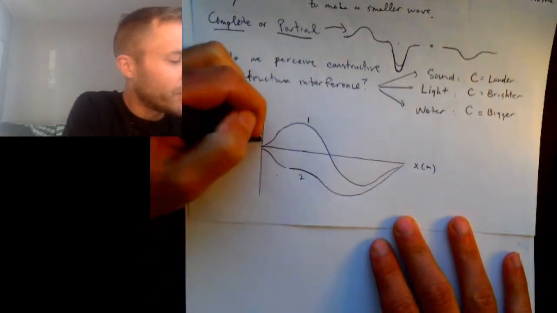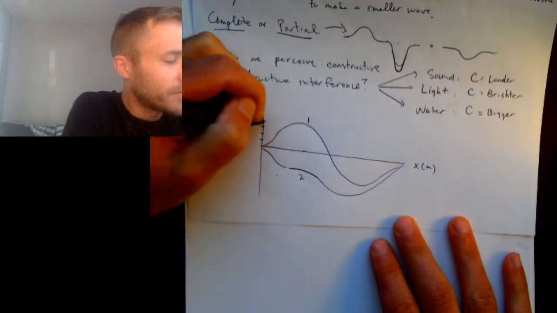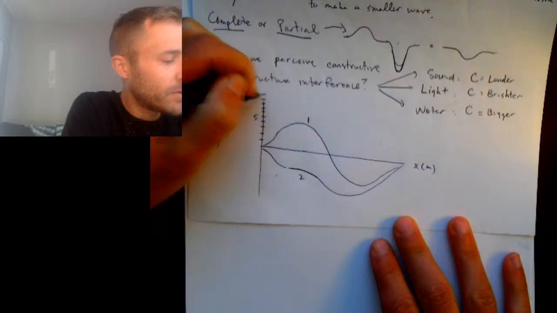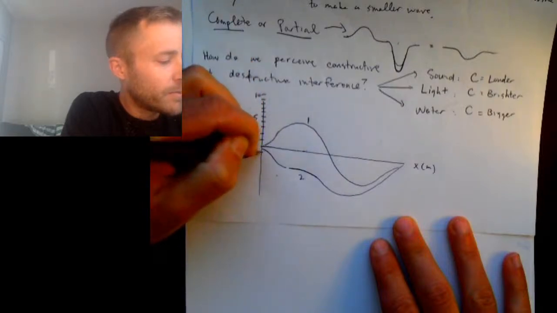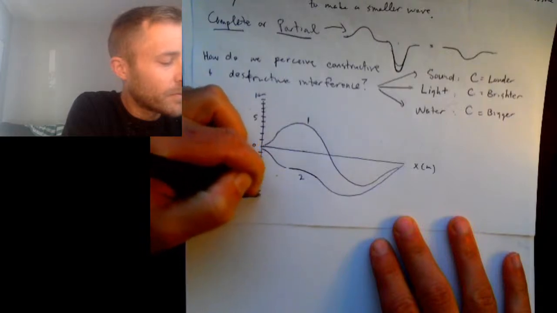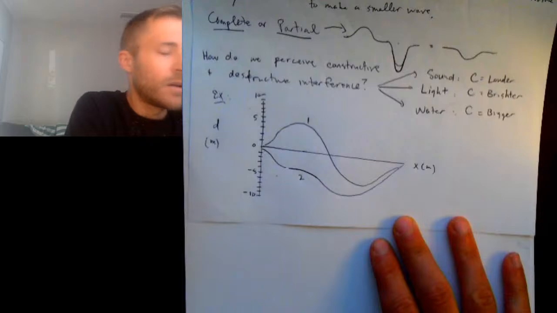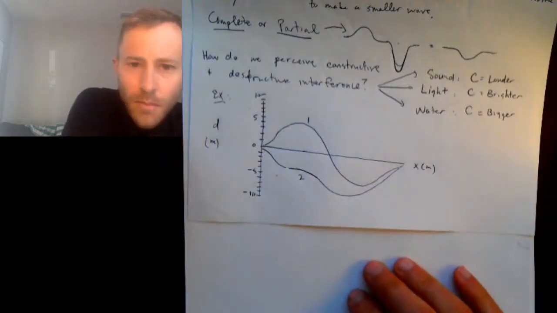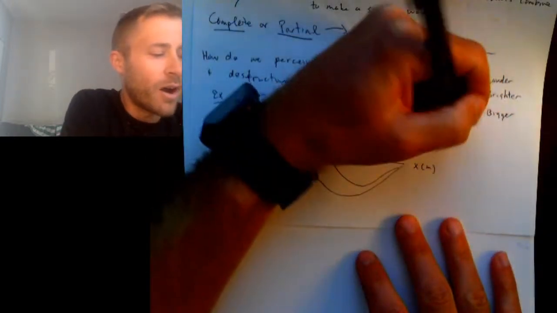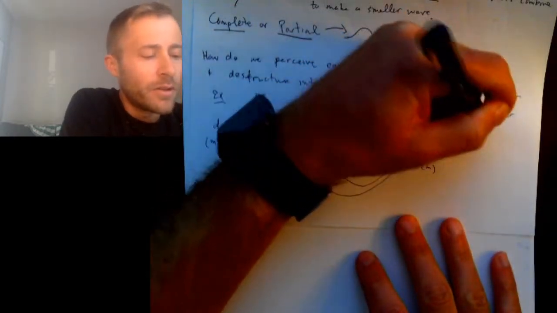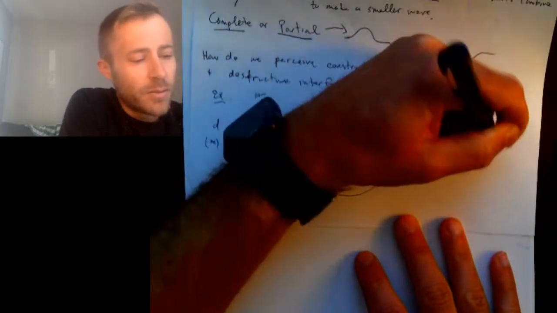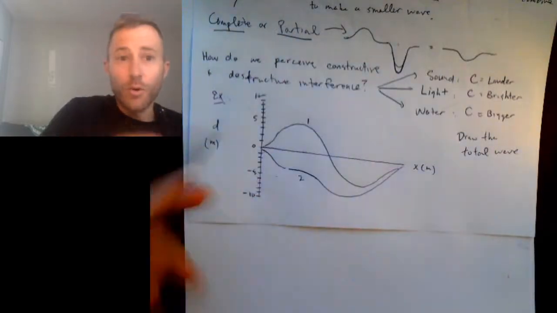And let me put some numbers on the axes here. 5, 10, 0. All right. And so what we want to do is draw the total wave, because these waves are overlapping.